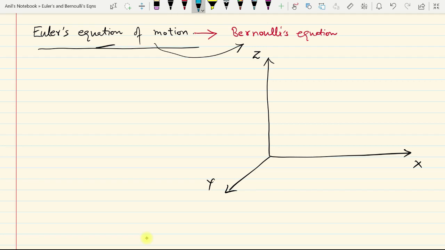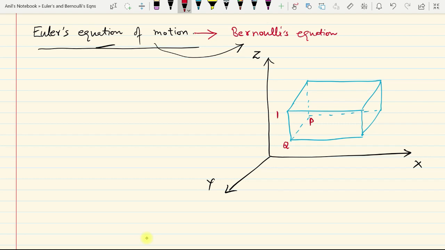This fluid element is a parallelopiped, or you can say it is a rectangular block, as shown here. Now let us say this face is P, Q, R, S, and this face on the right hand side is named P dash, Q dash, R dash, S dash.